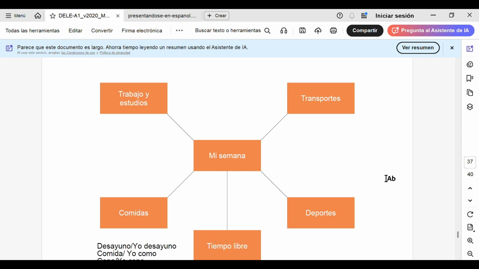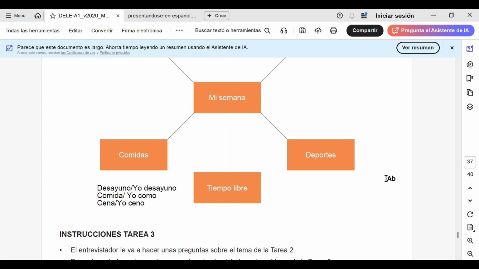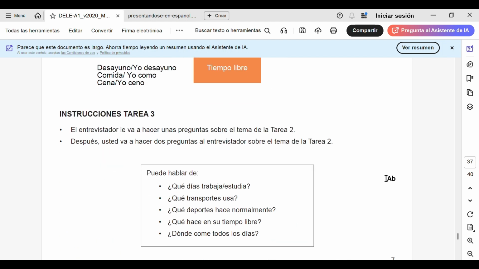But you take a look into what you prepared for the summative, but also write it again. Not only read it, please write it again, because it helps the brain to better grasp the ideas. Okay, and now, tarea 3.